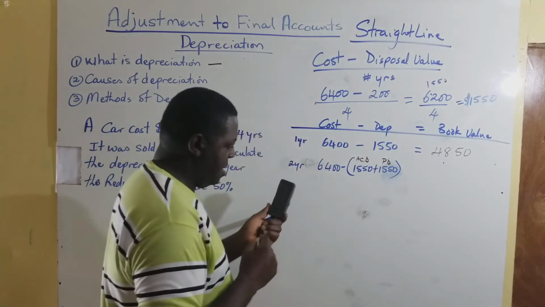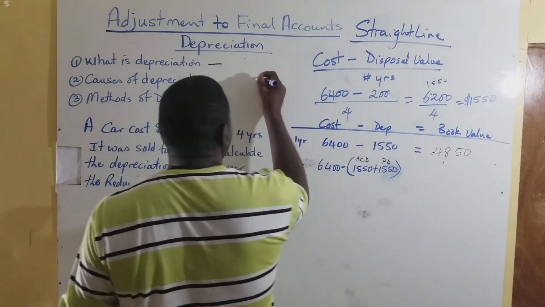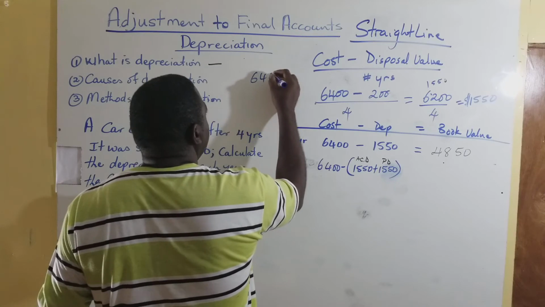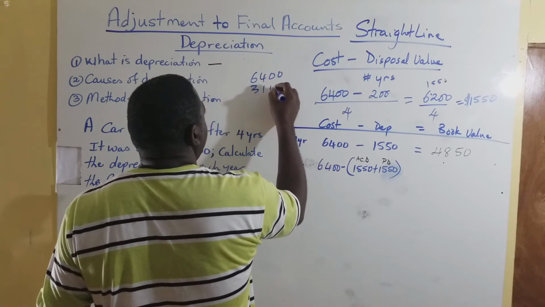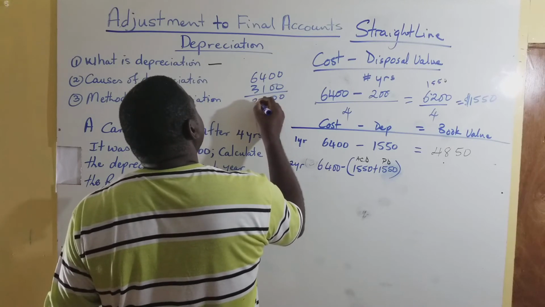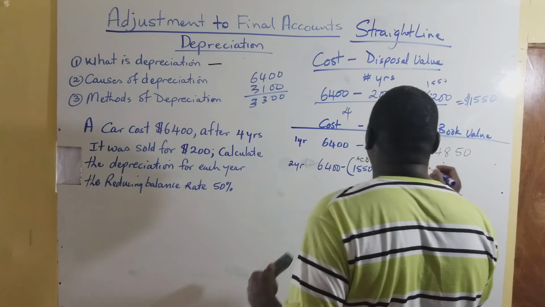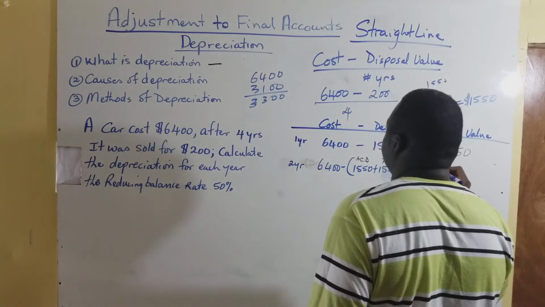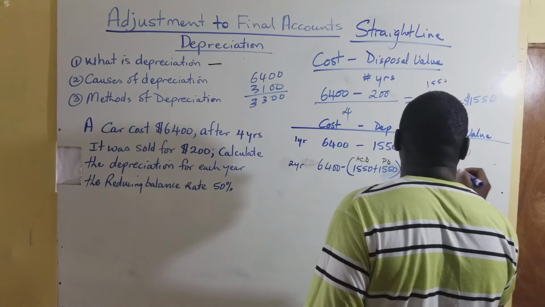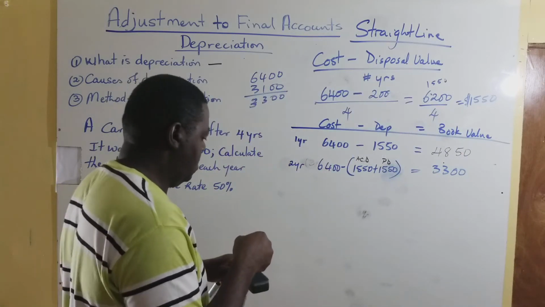So in our maths, let us say now, 6,400 minus 3,100. Good. So the book value at the end would have been 3,300 for year 2.